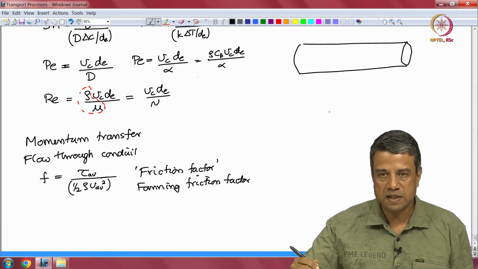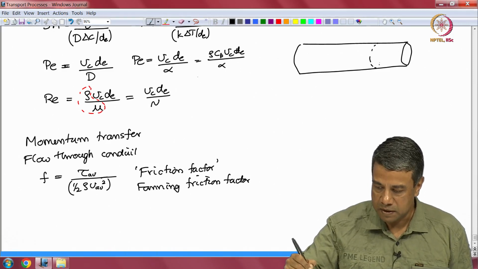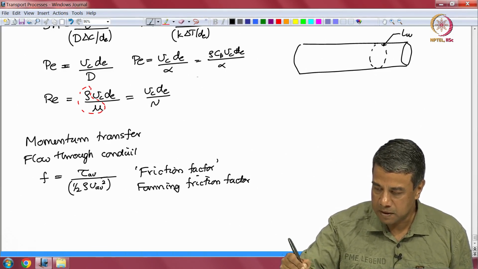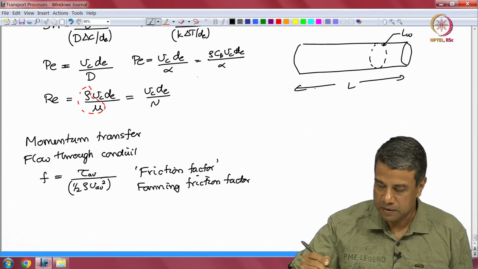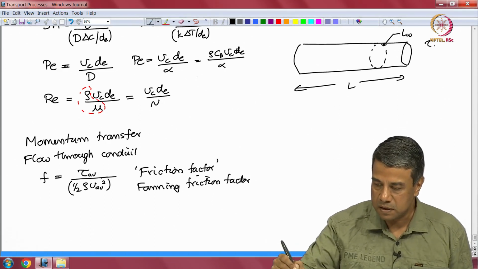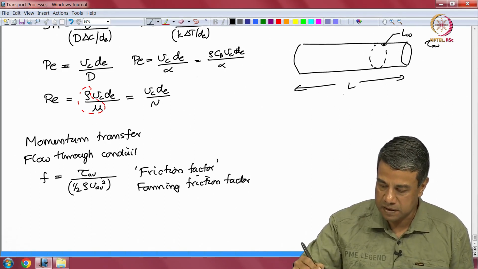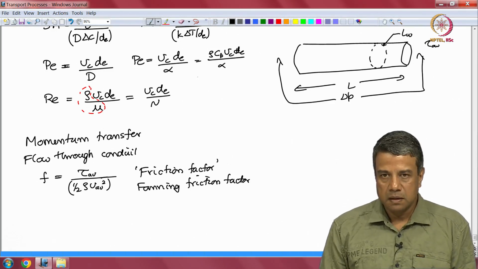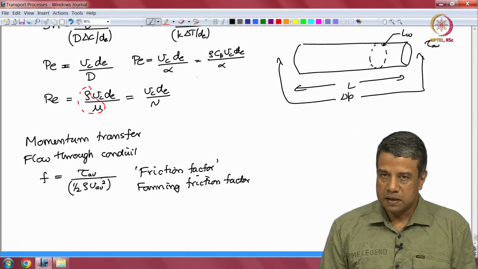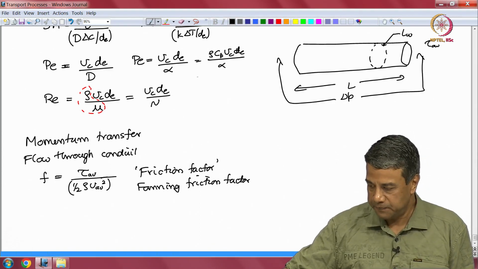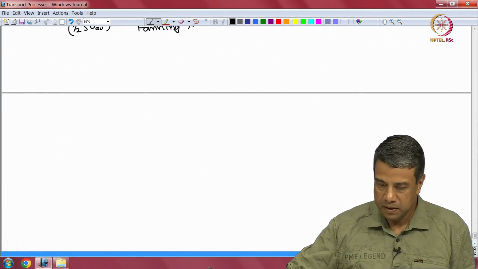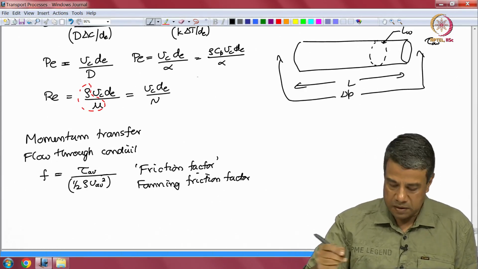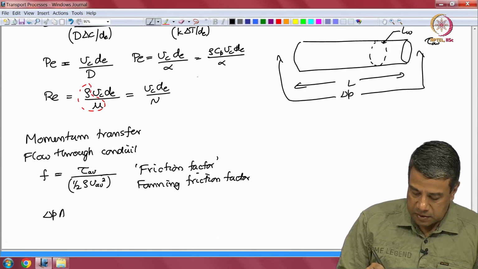We can do the same thing for an irregular object, with wetted perimeter L W, length L, average shear stress tau average, and the pressure difference delta P across it. From the momentum balance, the total force that is exerted on the fluid within the pipe due to the pressure difference across the pipe is going to be equal to delta P times the cross sectional area.